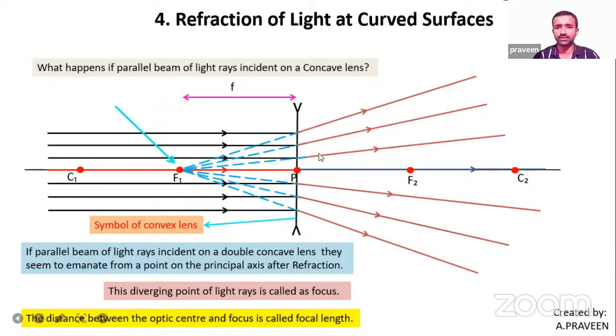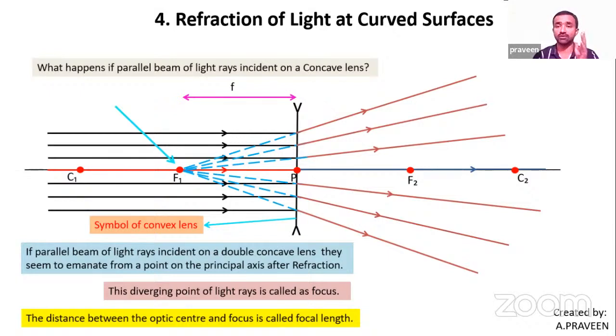Both we have discussed. When a parallel beam of light rays is incident on a double convex lens or a double concave lens, after refraction, in the case of a convex lens the light rays converge at a point. For a concave lens, they appear to diverge from a point.